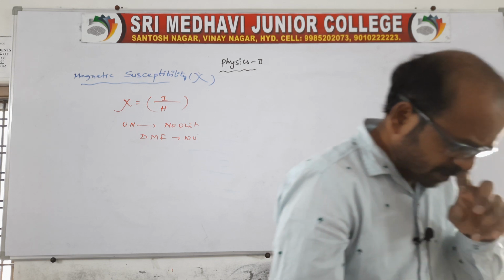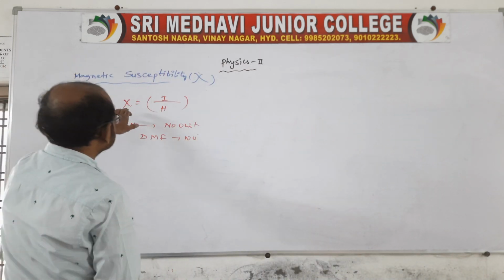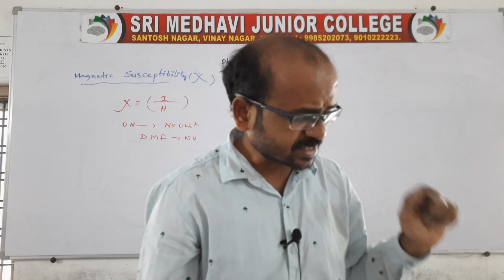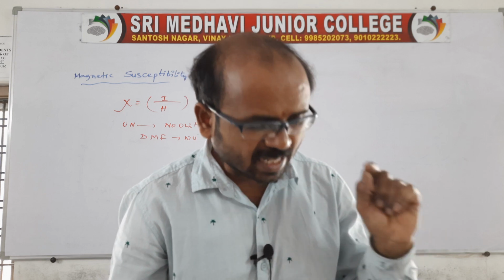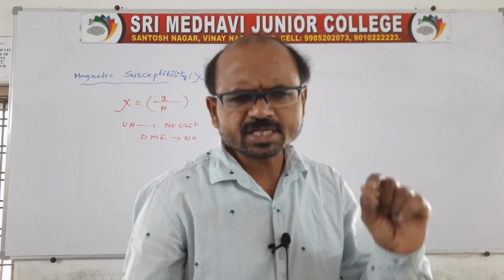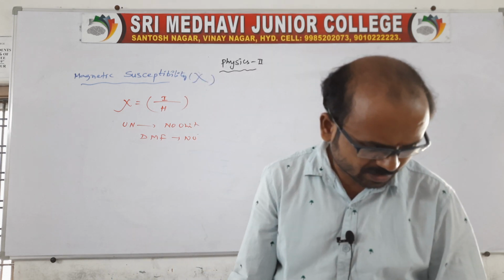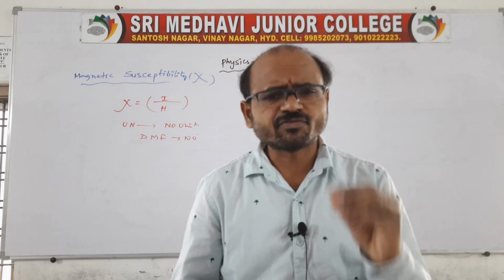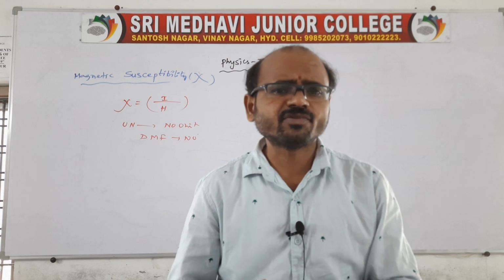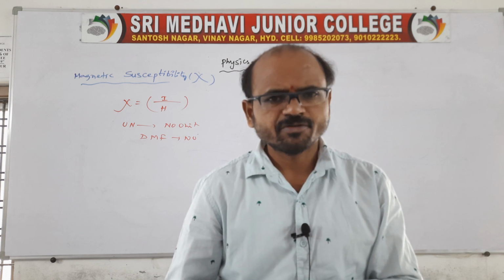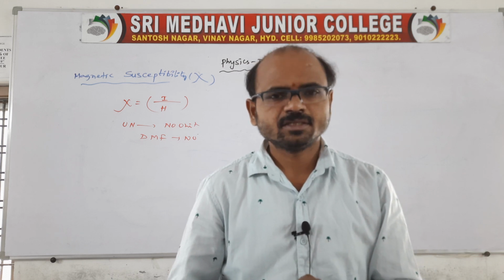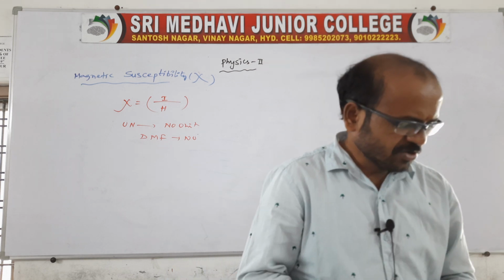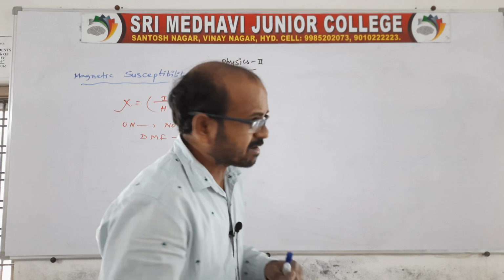Here, susceptibility. What is susceptibility? Xi is the ratio of I by H. Suppose I take paramagnetic materials. What is a paramagnetic material? Paramagnetic materials, when suspended in a uniform magnetic field, are attracted toward the magnetic field, only feebly or weakly attracted.